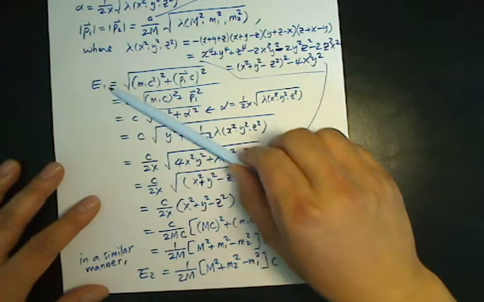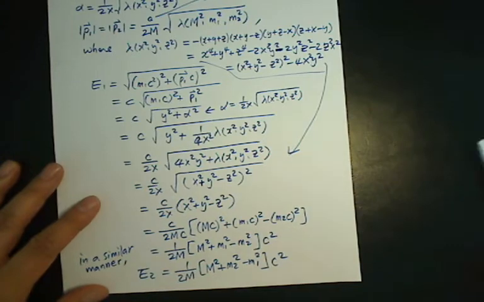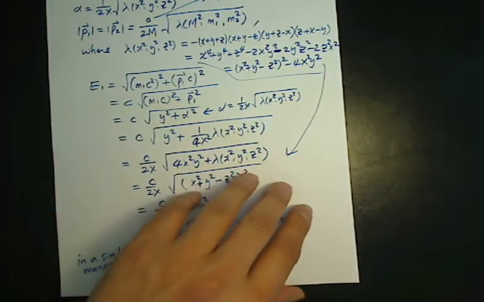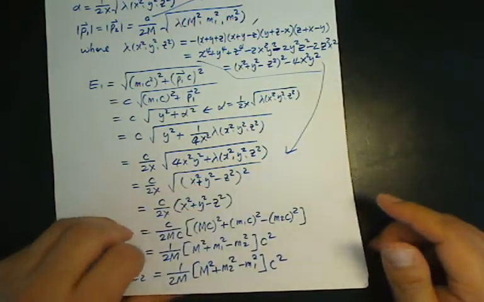Notice that for E1 we have a positive sign in front of m1 squared, for E2 a positive sign in front of m2 squared, and subtraction is made for the other particle. That's very, very important for particle experiment and high energy theory students involved in high energy physics.